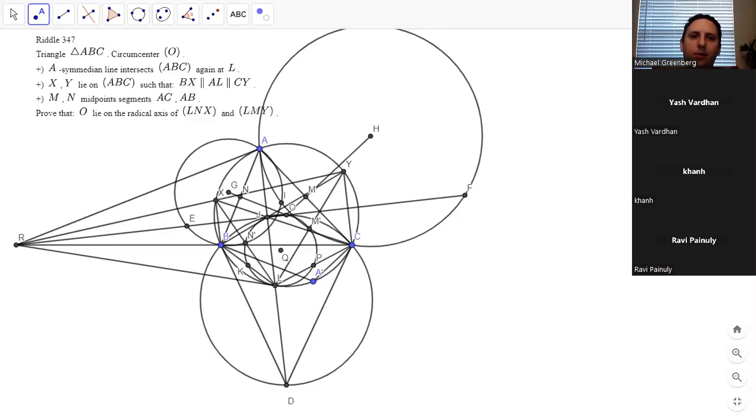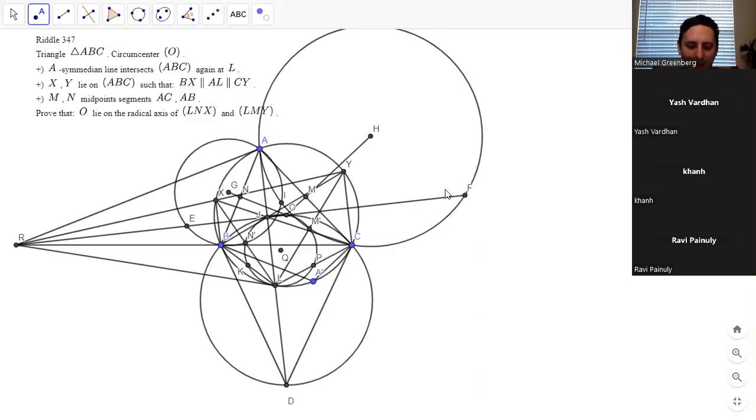This almost looks like another problem that I already did on my channel. I can't remember the exact statement, but it was very similar. You have a chord, you draw two parallels, you have two circles like this, and you have to prove that a point lies on the radical axis. Doesn't this look exactly like that problem? It feels so similar.